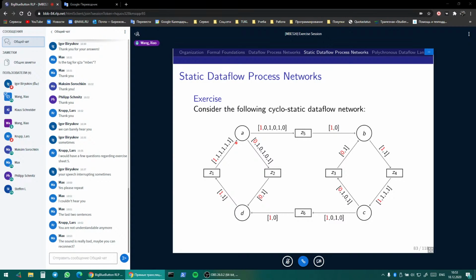If you look closely, the first one consumes 1, produces 0 to Z2, and 1 to Z5. And the third rule does the same: it consumes 1 value from Z1, produces 0 to Z2, and produces 1 to Z5. But they might not be the same function.